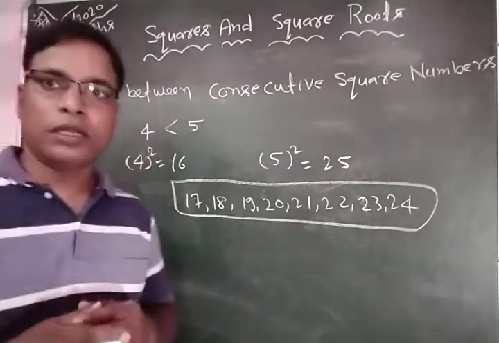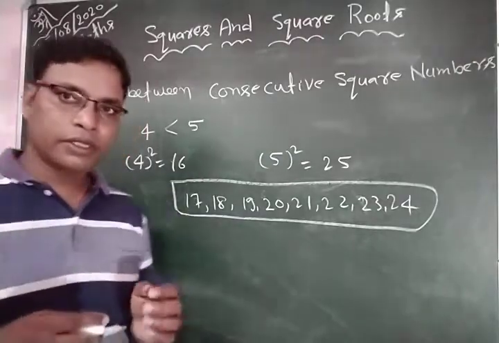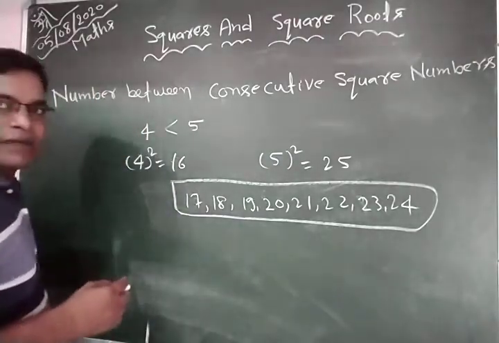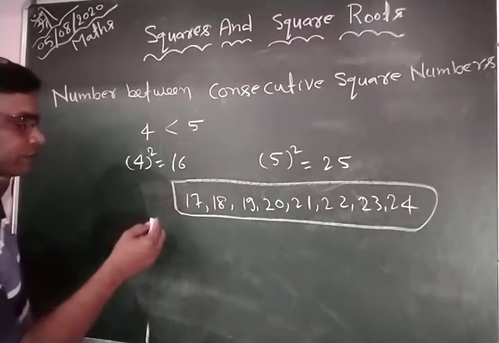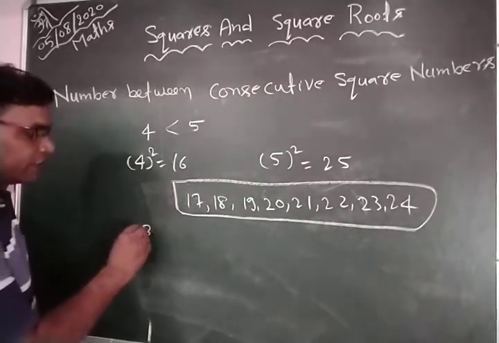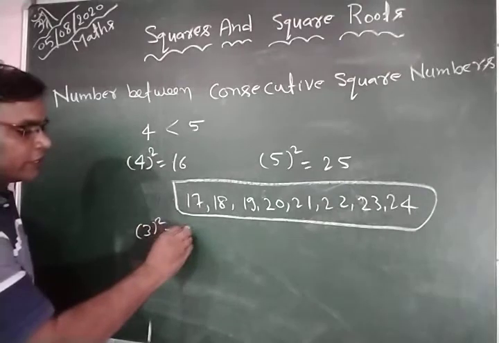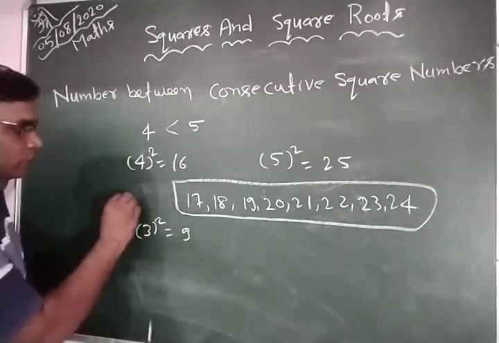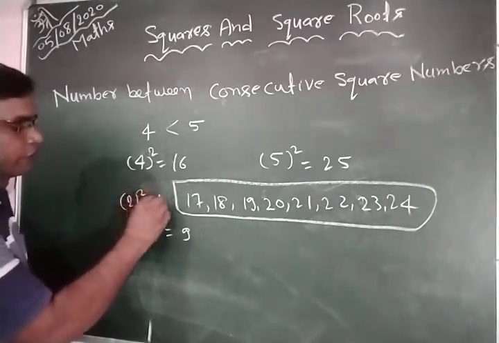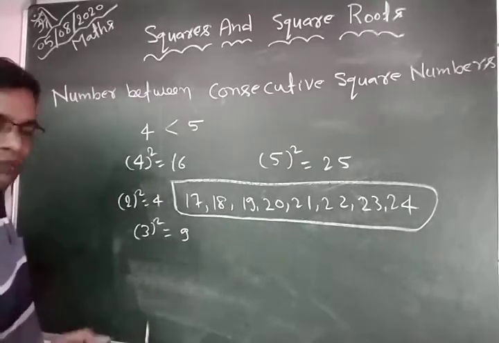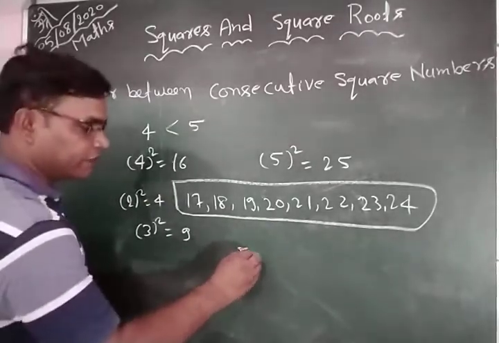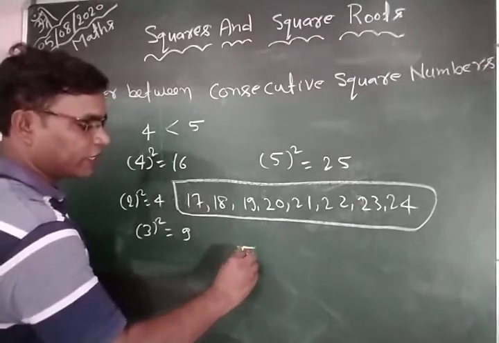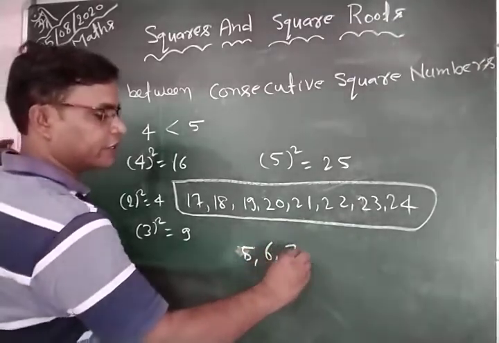Okay, and next example: find the numbers between consecutive square numbers. The square of 3 is 9, and the square of 2 is 4. So the non-square numbers between 4 and 9 are 5, 6, 7, 8.